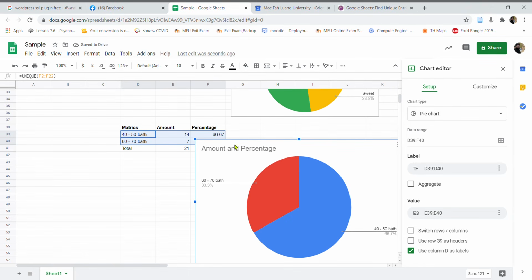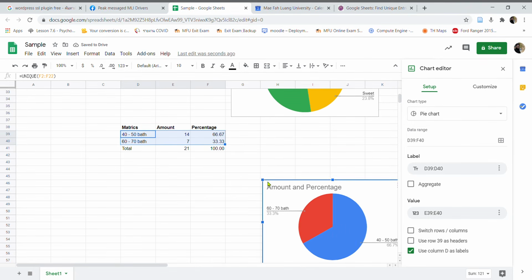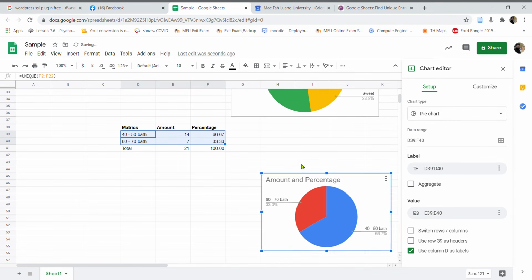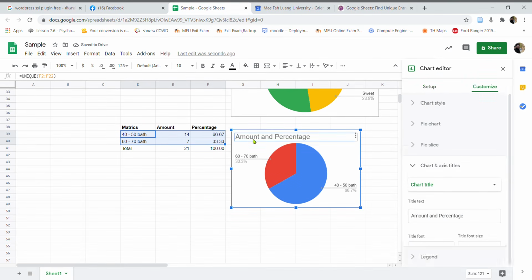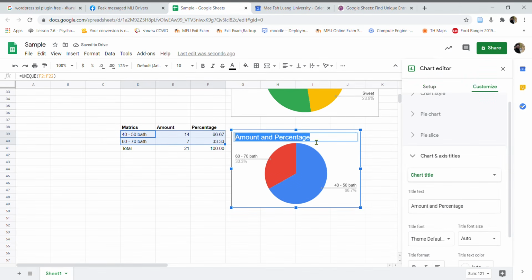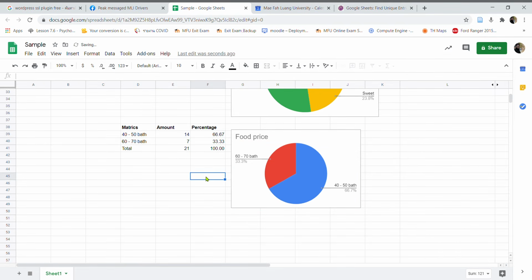You can make it smaller, and you can change the title as well, for example, food price. So you get this kind of chart along with this kind of matrix.